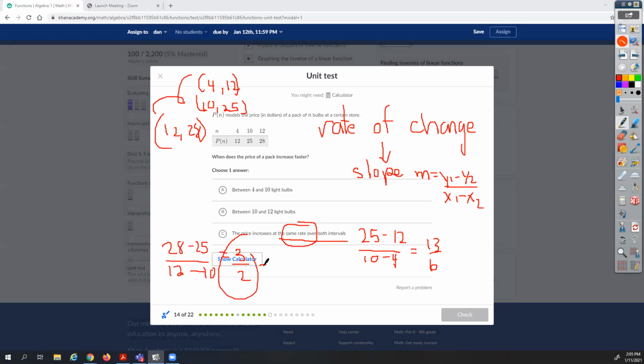This is 1.5. And this has to be 2 point something, because if it was 12 divided by 6, it would be 2. So even if we don't know what the something is, it's still large. So which one is the greatest increase? A.